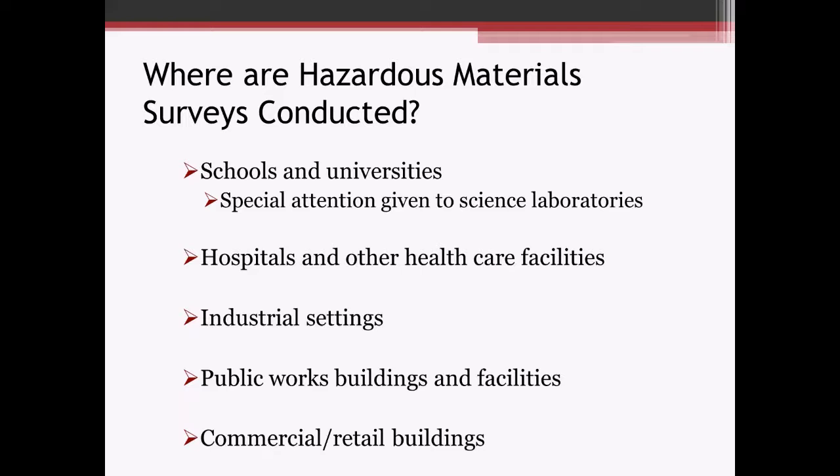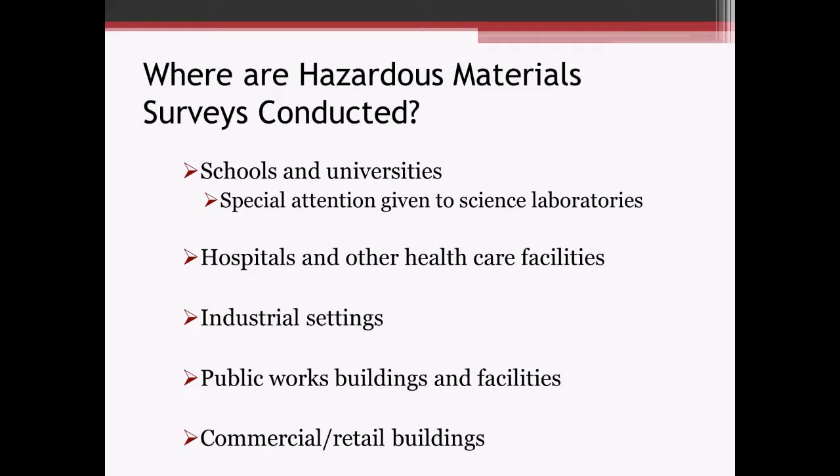But for the other items you might be looking for, some facilities are a little bit more susceptible to these conditions or have a heightened awareness of assessing these and making sure that they're on track to deal with them. Those would be schools and universities, with special attention given to science laboratories. You might have some operations there that could introduce hazardous materials to drains, bench tops, fume hoods, things like that.